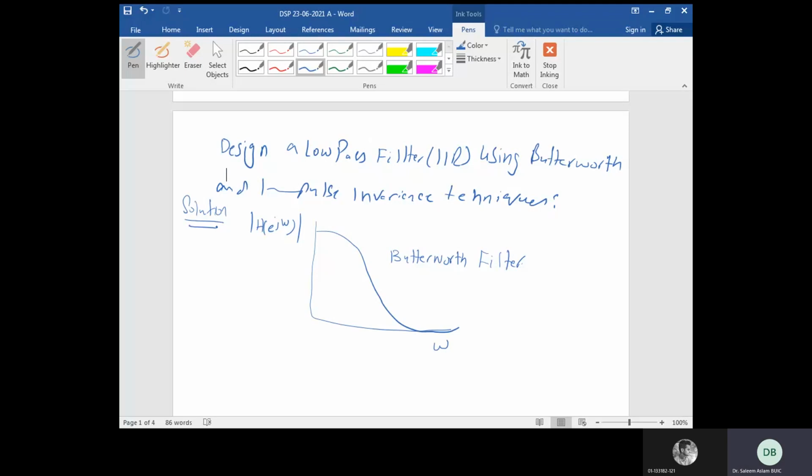It is good because it is not allowing pass band error, it's not allowing stop band error. No ripples in the pass band, no error in the stop band. That's why it is good, but it is more expensive than elliptical or Chebyshev filter.